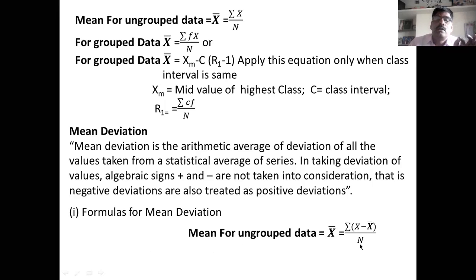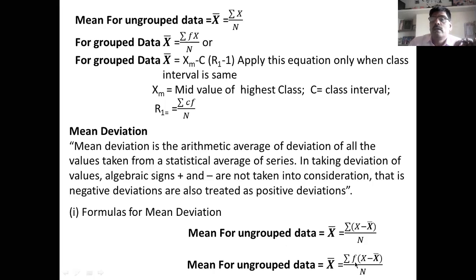This is called the mean deviation for ungrouped data. If grouped data are there, you multiply by the frequency f. These two equations you remember regarding mean deviation.